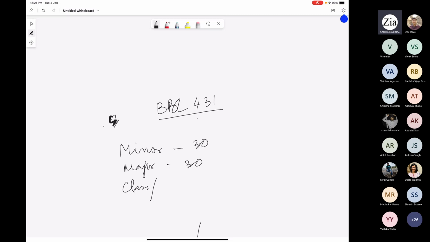So it is not exactly class participation; it is actually, you can say, the oral presentation or assignment. There you will get 40 marks.